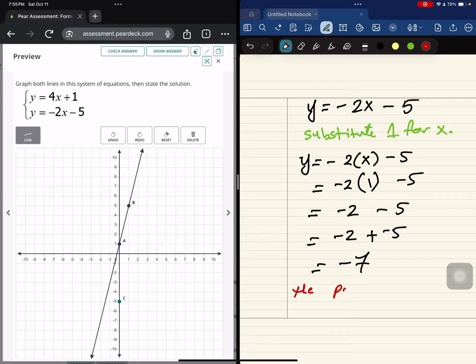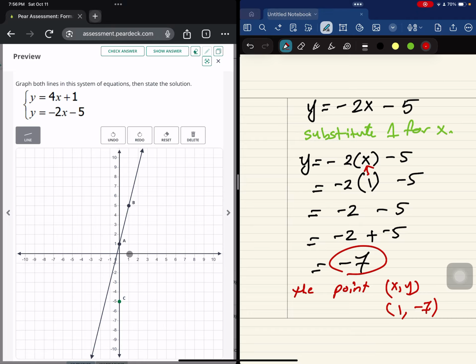And the point will be like x and y: because we substitute 1 for x, x will be 1, and the calculation showed that y is equal -7, and we can move the point from calculation to the graph as follows.